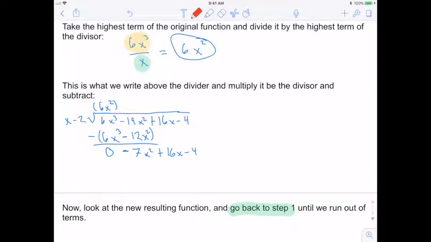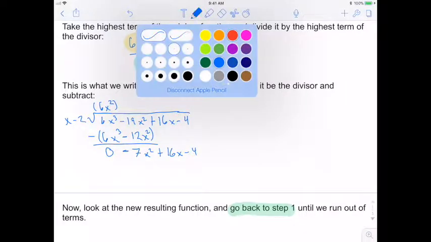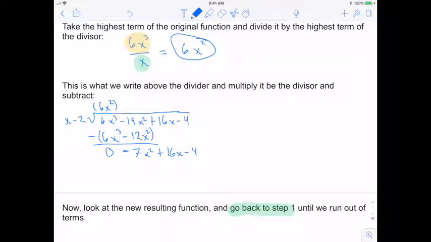So remember, step one was we look at the highest power of the polynomial, and we divide it by the highest power of the divisor. And whatever that turns out to be, we write that on top of the hat here. So negative 7x squared divided by x is minus 7x. Now we'll multiply it by the divisor. So this becomes minus 7x squared plus 14x. And we subtract that off.